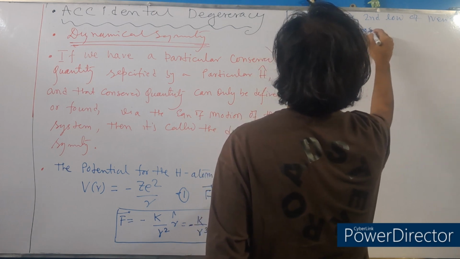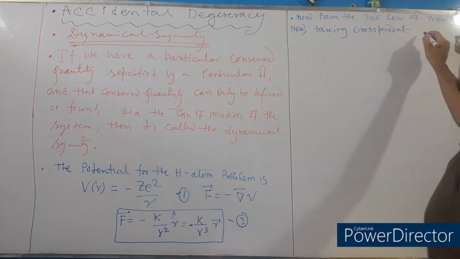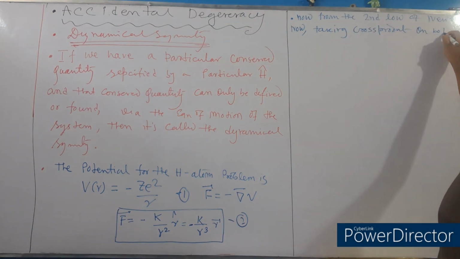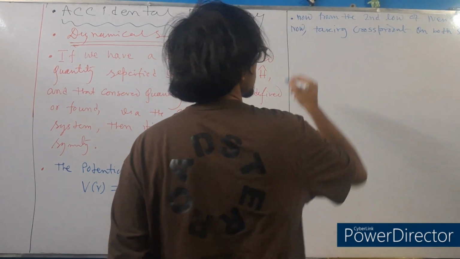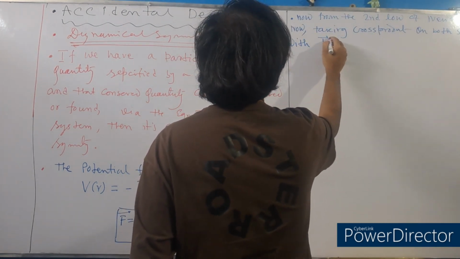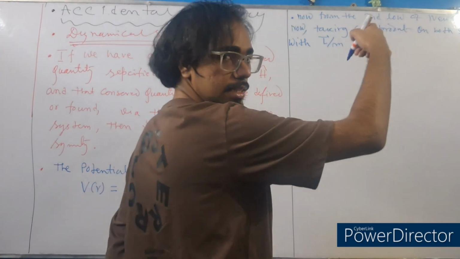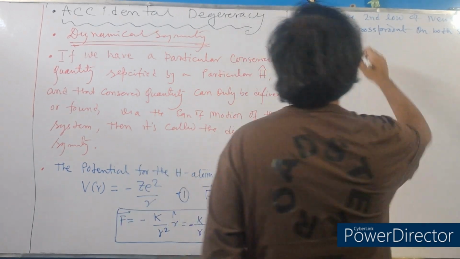Okay. Now taking cross product on both sides of 3 with L by M, and L is basically the classical angular momentum, okay, orbital angular momentum.